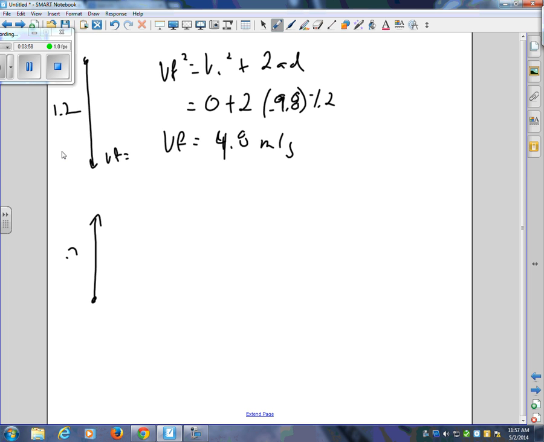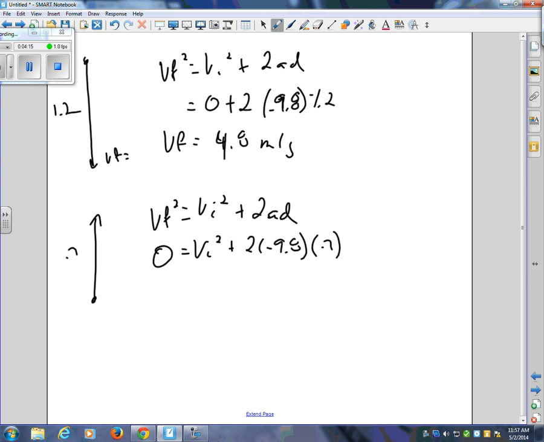So again, Vf squared equals Vi squared plus 2AD. This time the final velocity is 0, and we're solving for the initial. 2 times minus 9.8, and this time the D is 0.7 and it's positive.